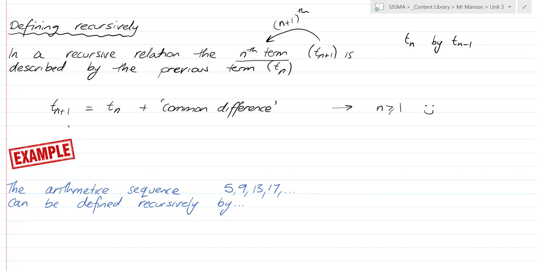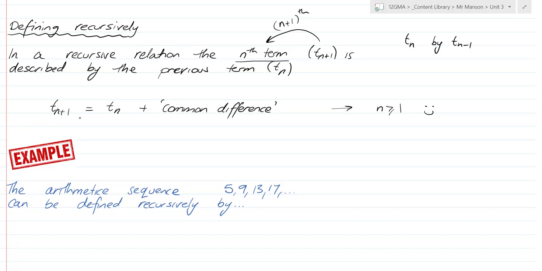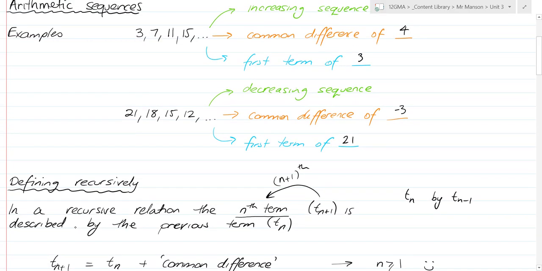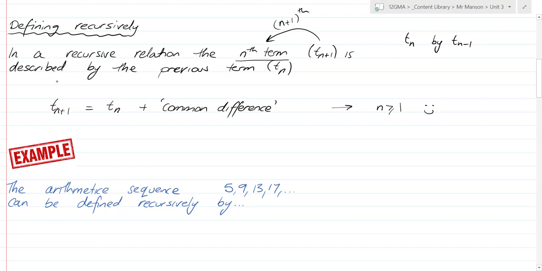Think about it logically: the next term is equal to the previous term plus the common difference. If we go back to our original examples, you can see that happened. 15 is equal to 11 plus the common difference of 4. That's a recursive definition, where we define the next term based on the previous term. Are there any questions on that?